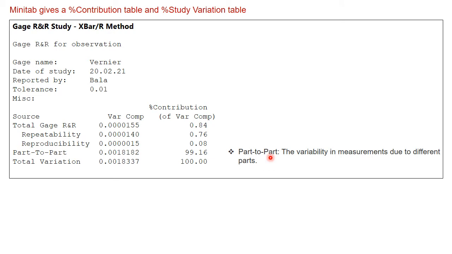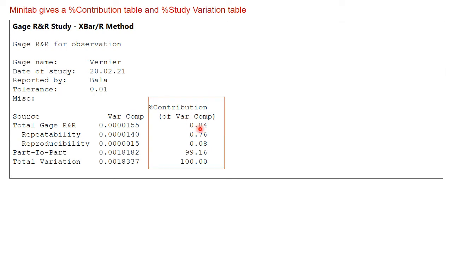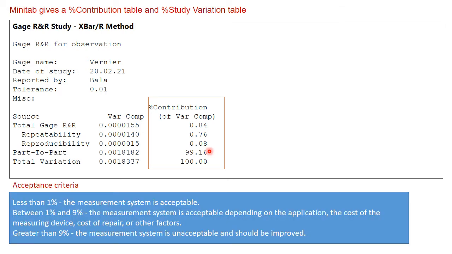Now if you see the percentage contribution table, you can see that total gauge R&R is only 0.84%, repeatability is 0.76%, and reproducibility is 0.08%. The major contribution is due to part to part variability, that is 99.16%. Now, what is the acceptance criteria for that? Let us see.